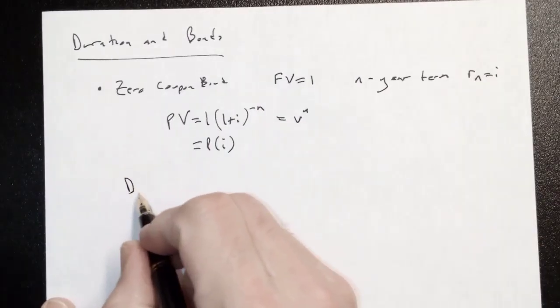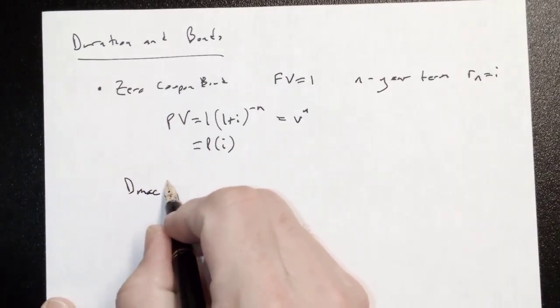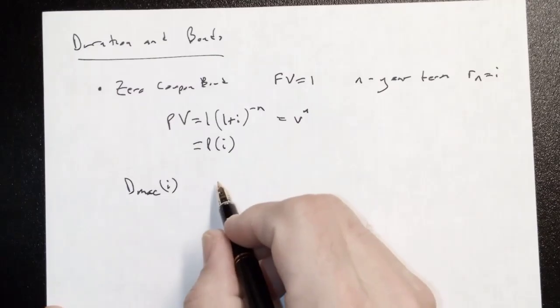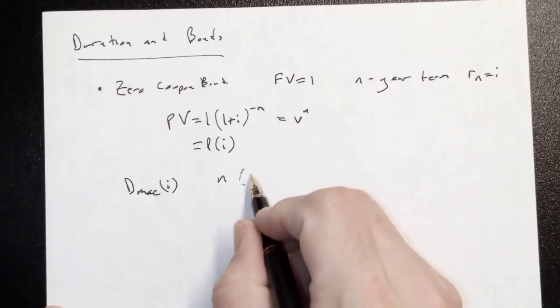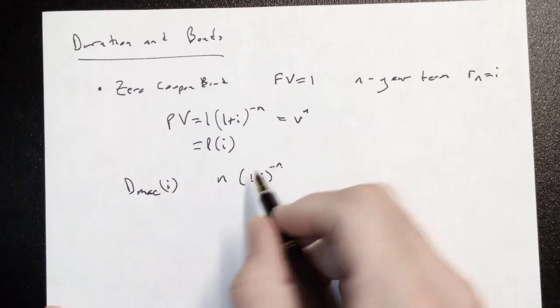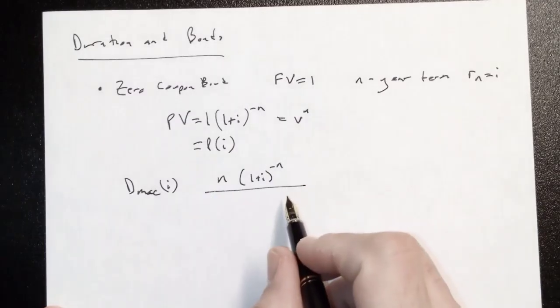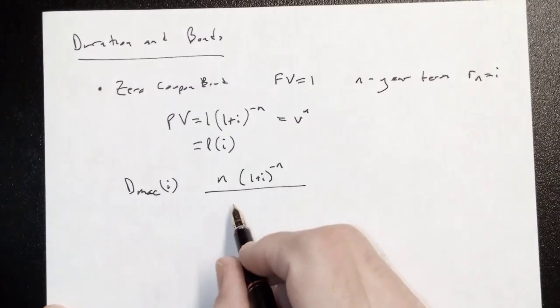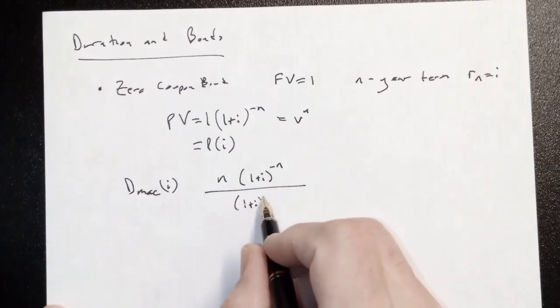What is the formula for the Macaulay duration at this interest rate? That's the sum of n times the payment times the interest rate. So it's n times 1 plus I to the minus n times 1, divided by the payment without the time, 1 plus I to the minus n.